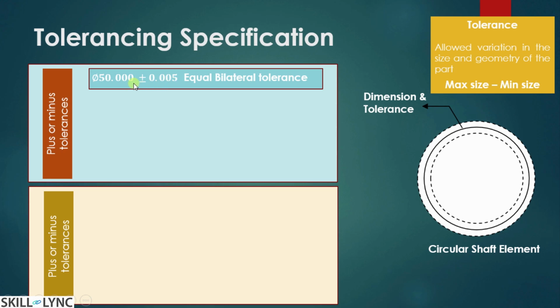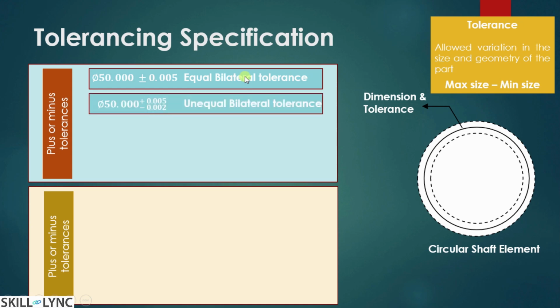If you consider this in mm, it's 5 microns. So this 50 mm dia shaft can vary on the upper side by 5 microns and on the lower side by 5 microns, equally distributed across the base, and hence it's called an equal bilateral tolerance.